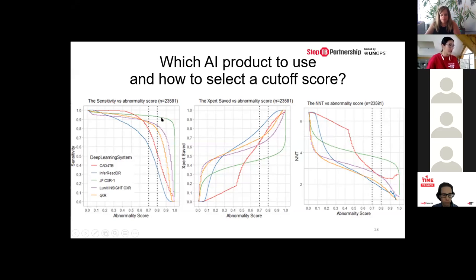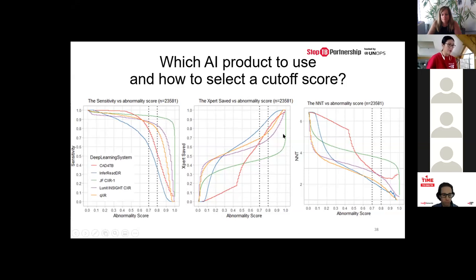On the contrary, the green curve, JF-CXR, maintains flat until a very high cutoff score, then it quickly drops. What it implies is that if you use this product, it is more for keeping a high sensitivity throughout the different cutoff scores.